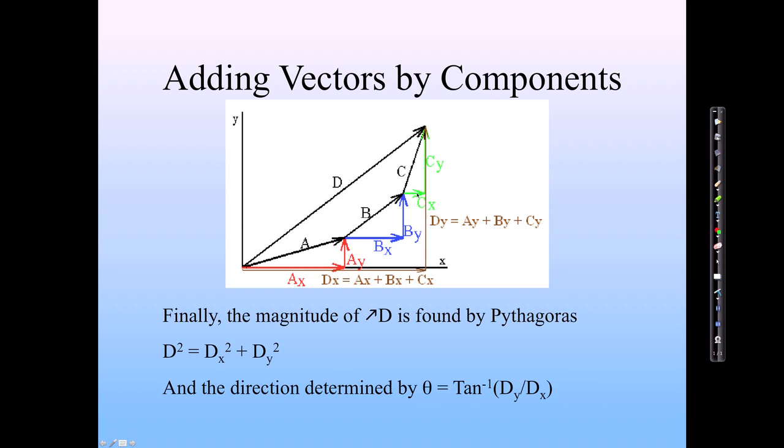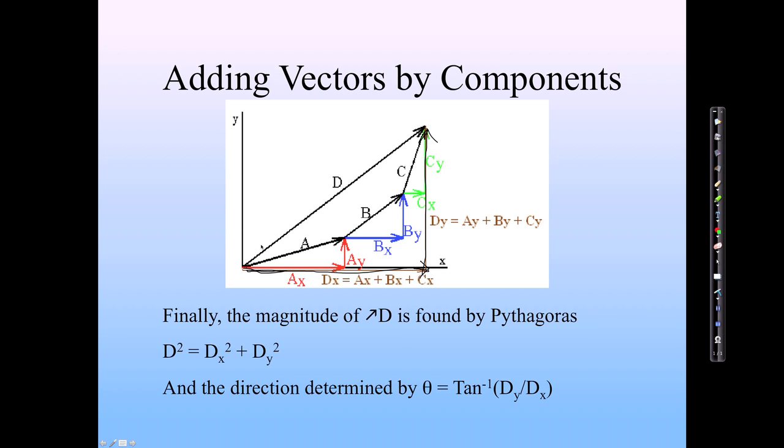Then what we can do is take all the x components here, here, and here, and add them up for total x, the total x going from very beginning to very end, and add the y components, ay plus by plus cy, to find a total y. And those total x and total y will also add up to d.